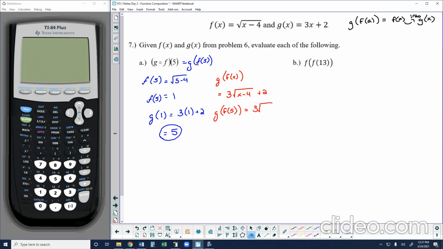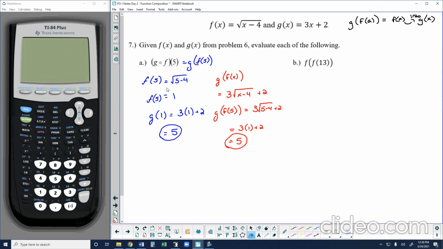So 3 times root 5 minus 4 plus 2. So in this instance, I would have 3 times 1 plus 2, which is 5. So to evaluate a function composition, you can first compose the functions, as I did here with the red example, and then substitute in your value. Or you can substitute the value into your first function in the composition, taking its result and substituting it into the second function of the composition.